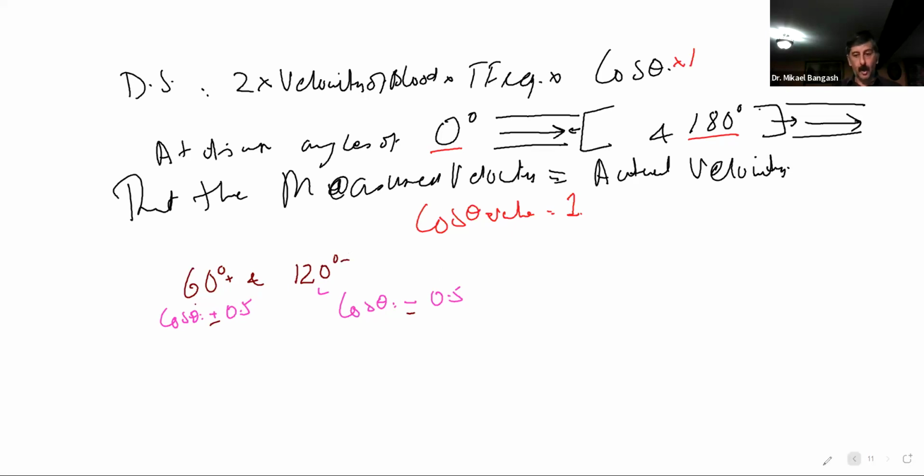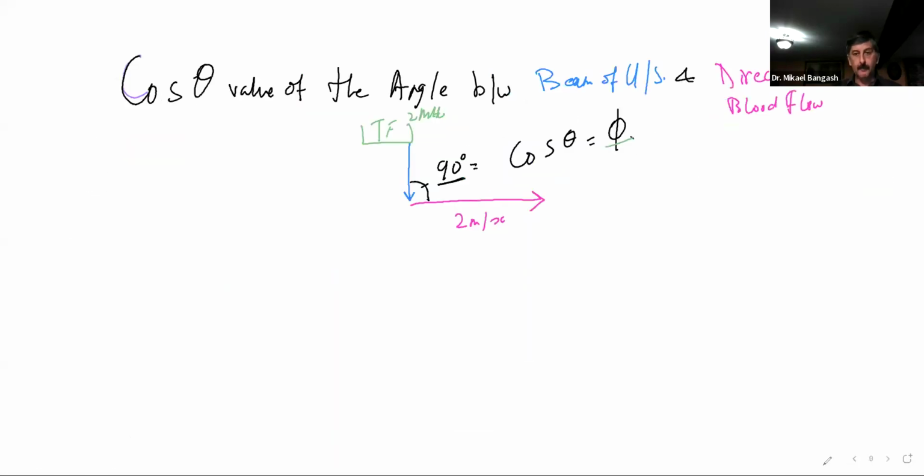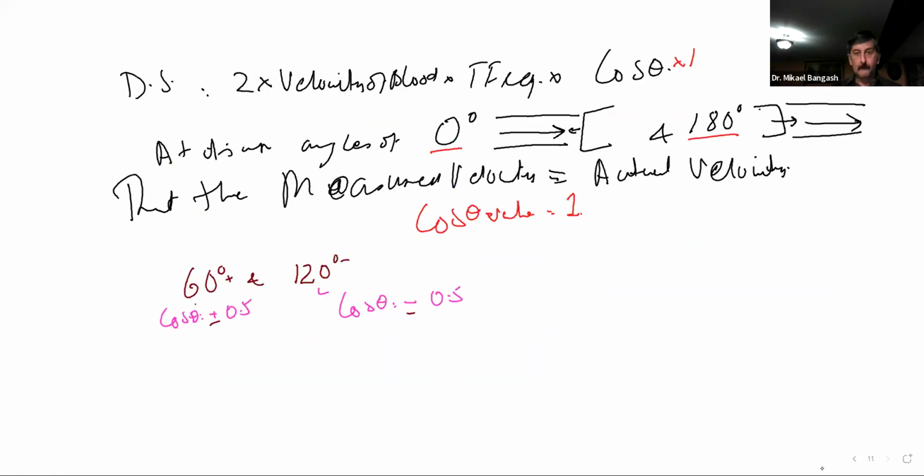So all this math here would at the end just be multiplied by 0.5, which makes it half.